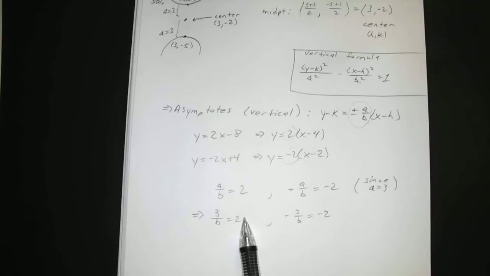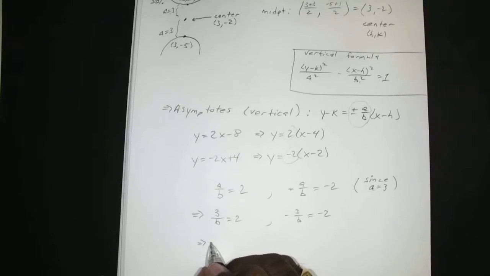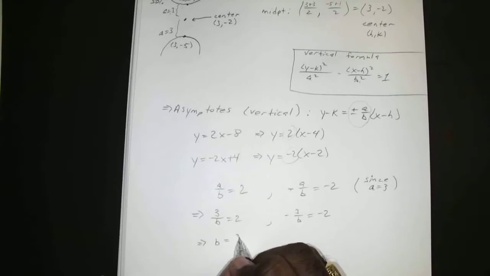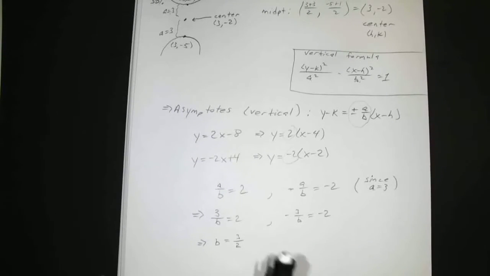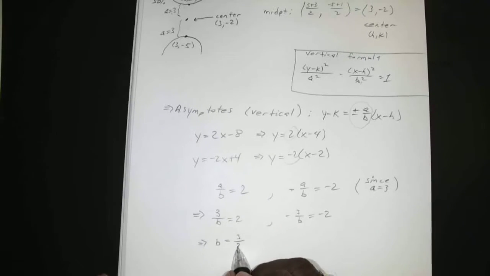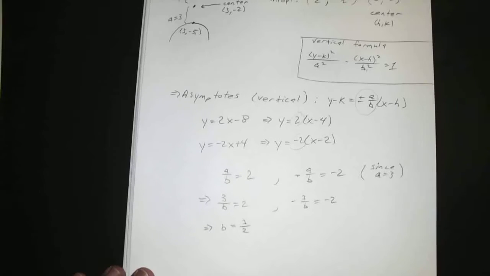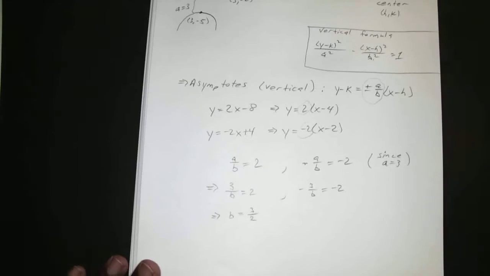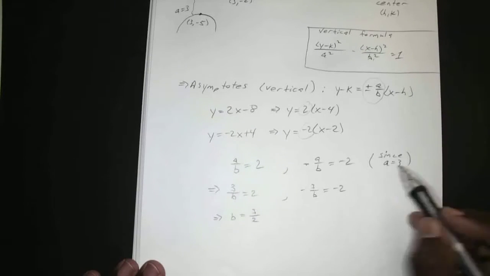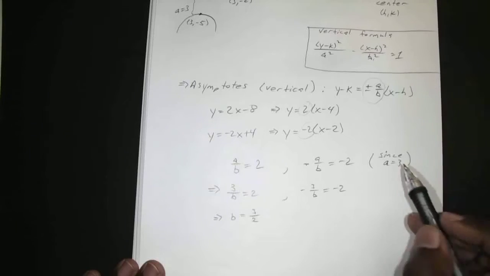So if we multiply both sides by b, then divide by 2, that gives us b equals positive or negative 3 over 2, or just b equals 3 over 2. Because once you divide by negative, it becomes positive anyway. Okay, so we have our a equals 3 and b equals 3 over 2.